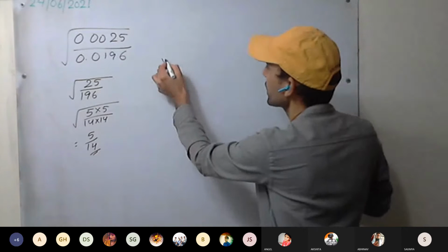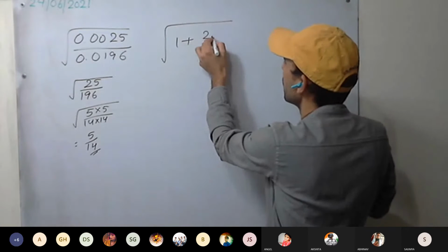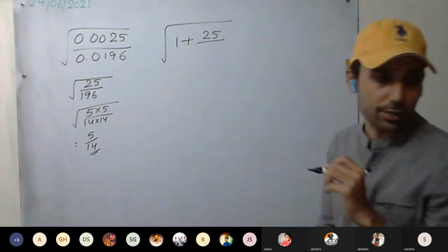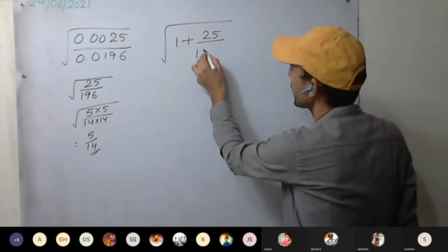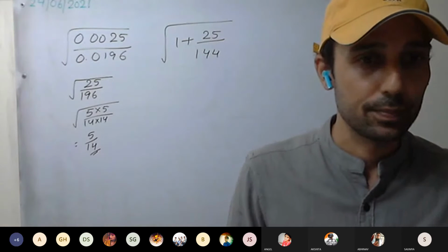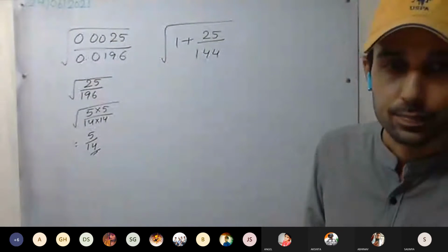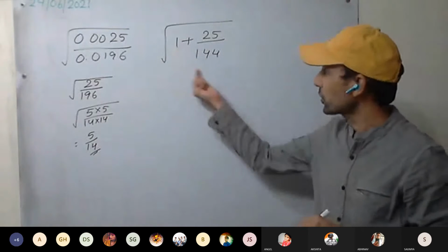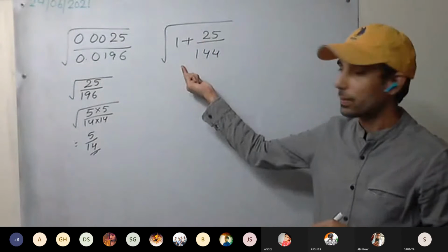Your next question is root of 1 plus 25 divided by 144. So what do you have to do first? First you have to solve within the root.